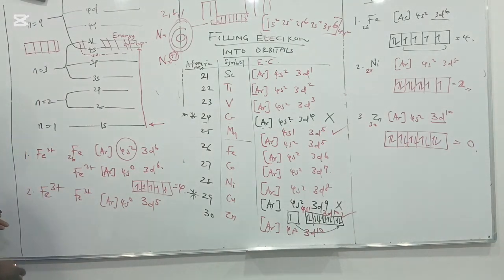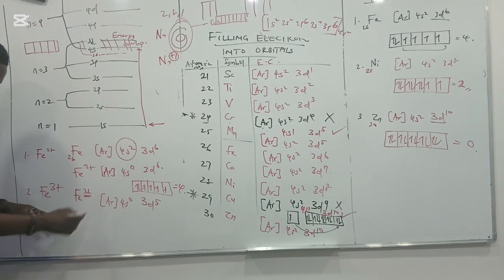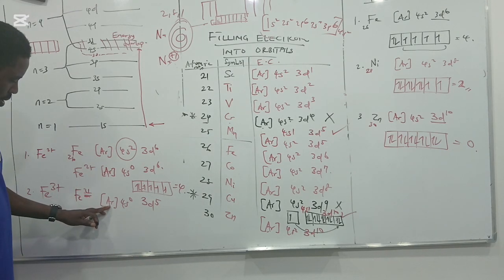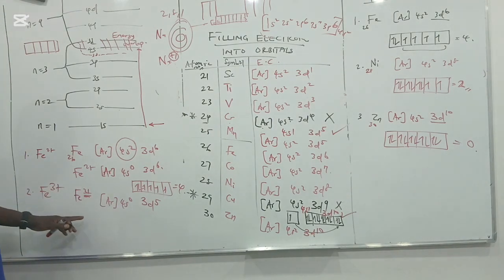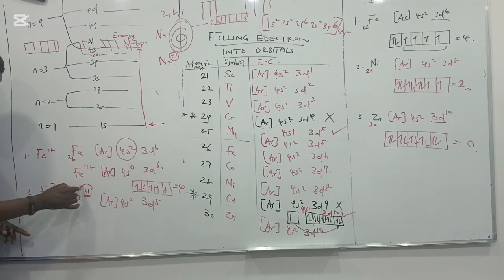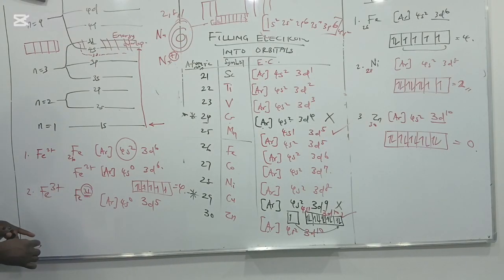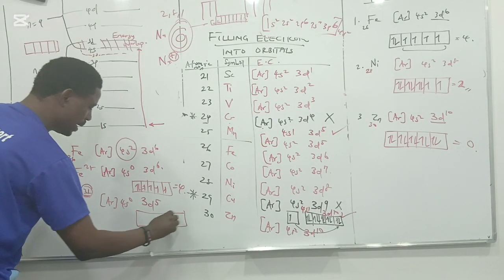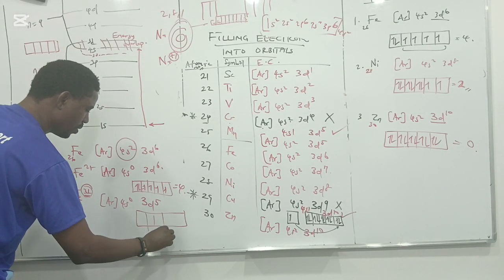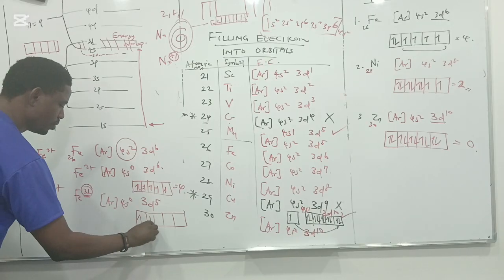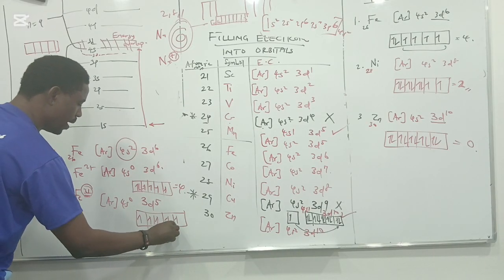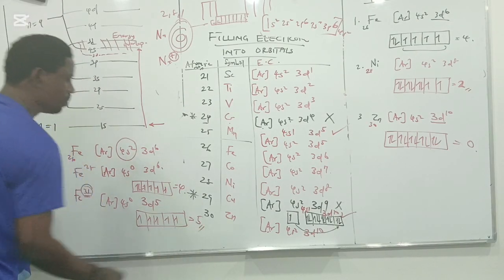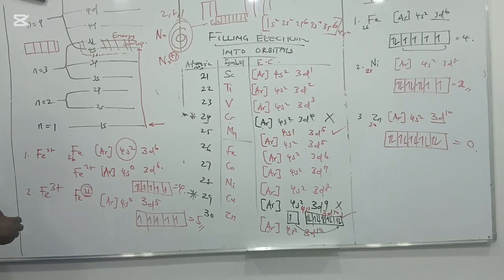Because this has lost 3 electrons, this one is 18 plus 5 now, which is 23 instead of 26. I hope you have seen that. So Fe3+ is a 3d5 configuration. So 1 2 3 4 5. So it has 5 unpaired electrons. I hope you can see that.